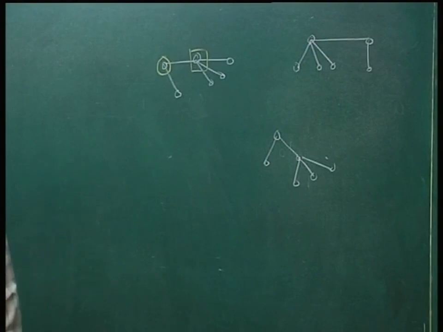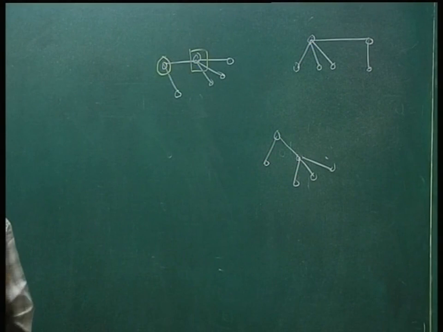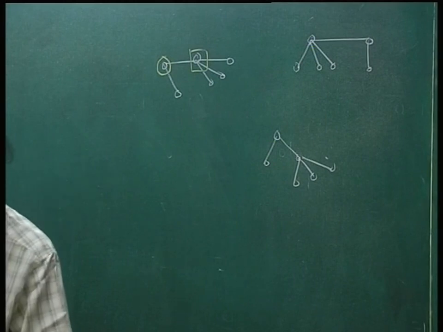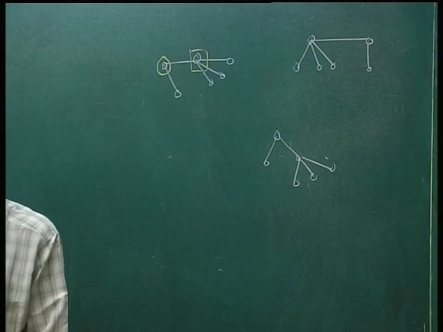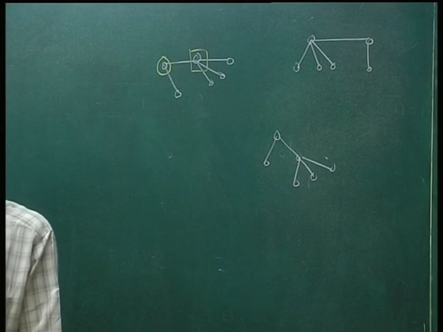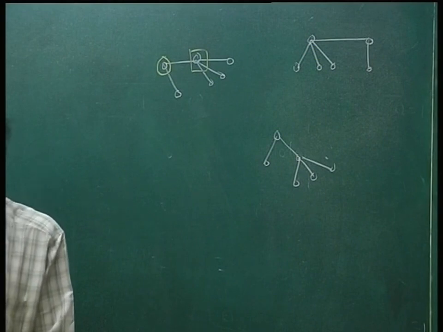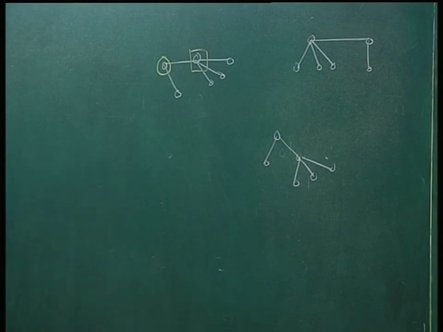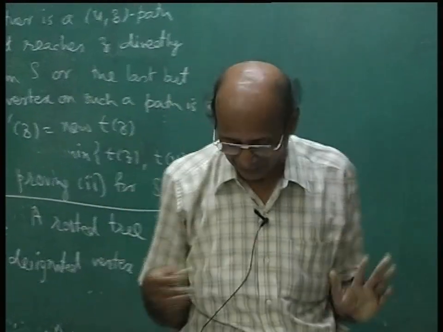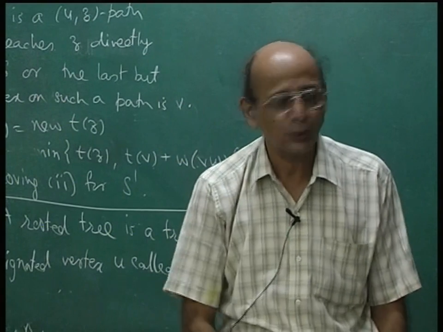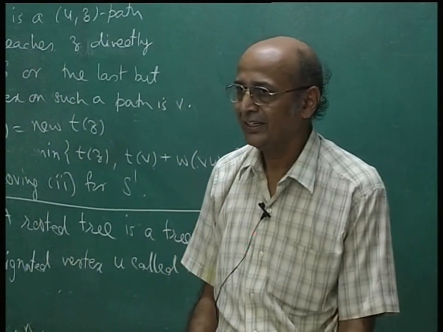If you have a tree on n vertices, it could be rooted in n different ways. Is that clear? Roughly what we are saying is, trees don't come with a root. It's not part of the definition of a tree. You have to define a rooted tree, and which vertex you declare as root is your choice.